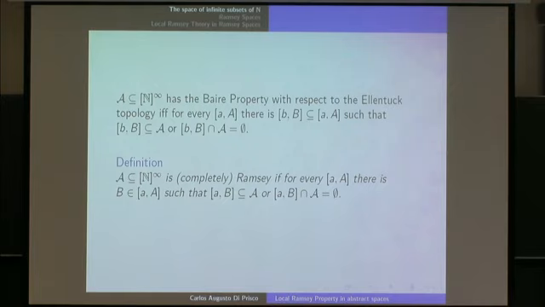Well, we can see that a subset of the space of infinite subsets of omega has the Baire property with respect to this Ellentuck topology if for every basic set we can find a smaller basic set which is contained in our subset or is disjoint from it.